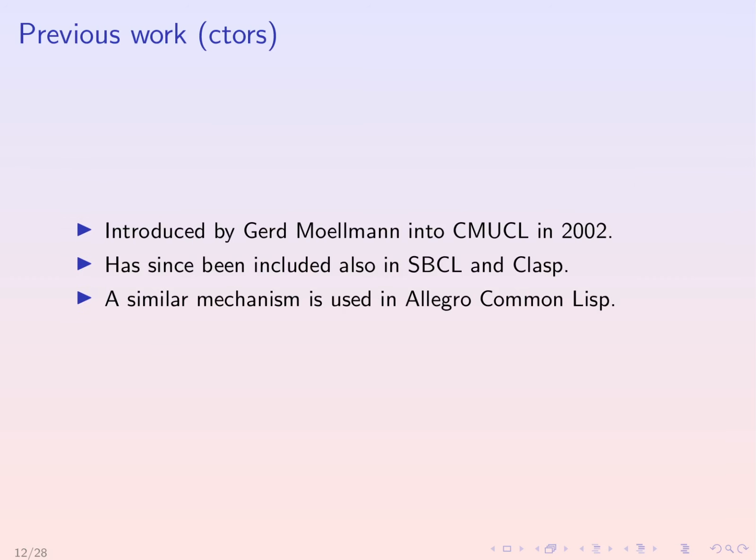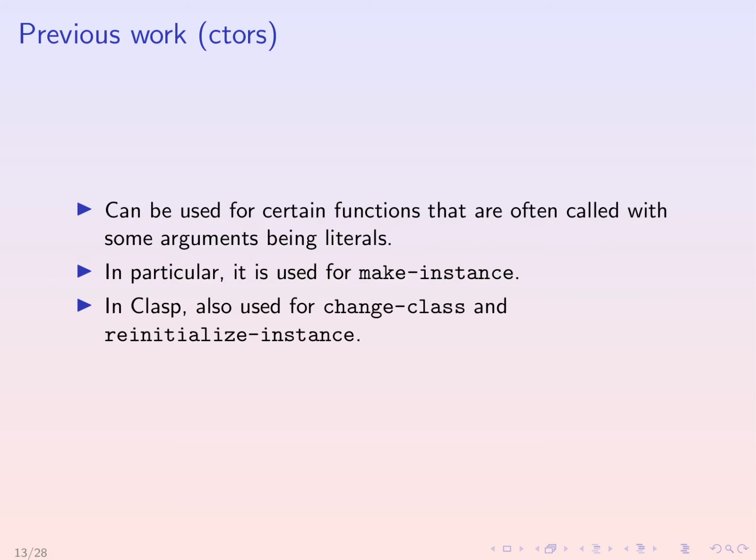CTORs were introduced by Gerd Mollmann into CMUCL in 2002, and the same technique has since been included also in SBCL and CLASP. And there's a similar mechanism used in Allegro Common Lisp. CTORs can be used for certain functions that are often called with some arguments being literals.